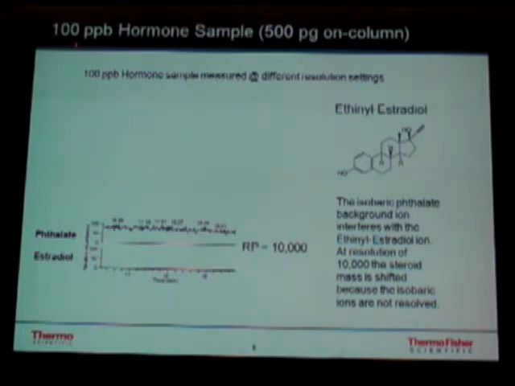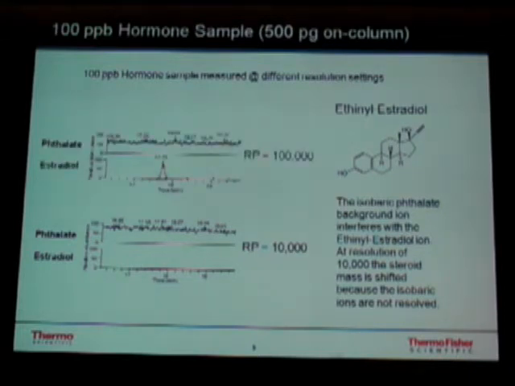So if you inject 100 parts per billion of estradiol and run it at a resolution of 10,000, this is what you see: a noisy baseline. There is nothing that really stands out as a peak. The same injection, now run at 100,000 resolution, is what you get.